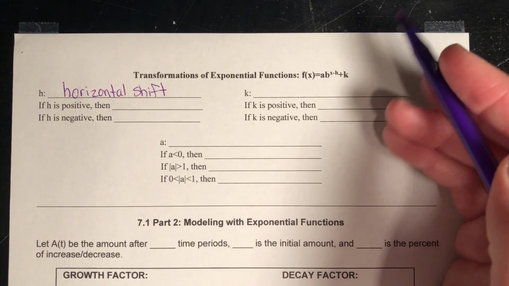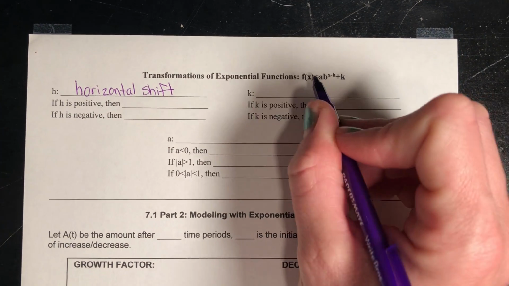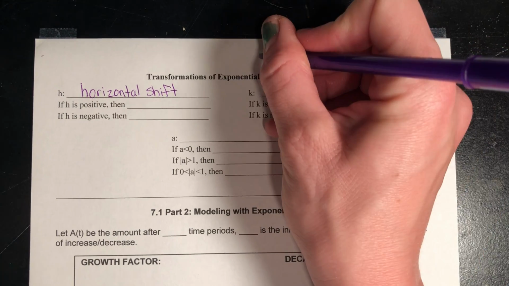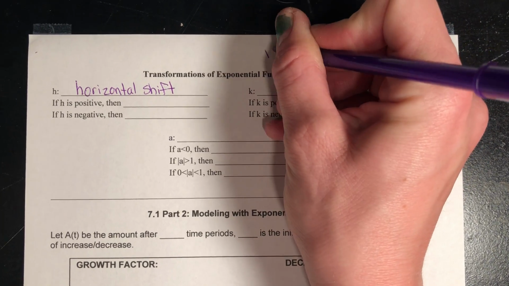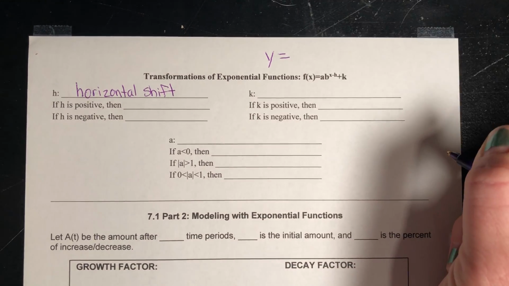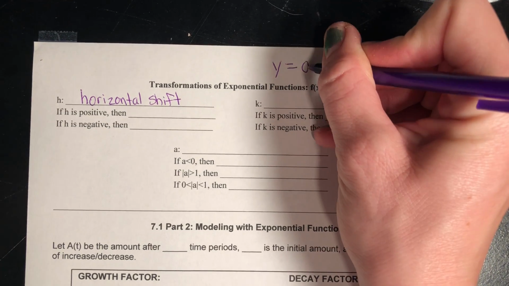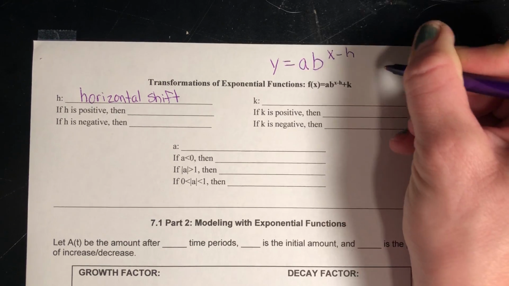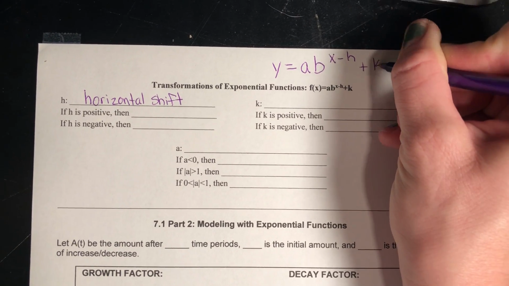And so we have up here our exponential, I guess you can call it parent function here, is a, b. And I'm going to rewrite this in case you really can't see this that well. We have y equals a times b to the x minus h plus k.